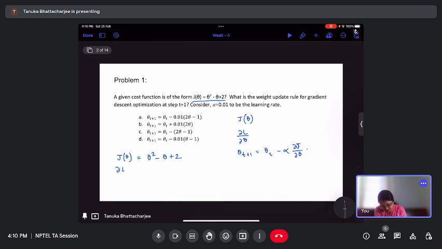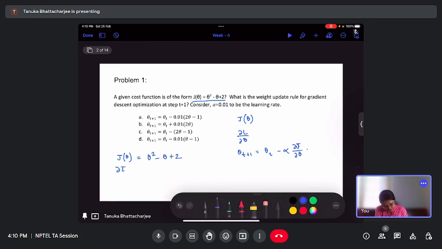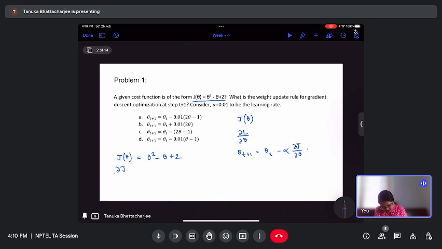So your del j del theta is supposed to be 2 theta minus 1.